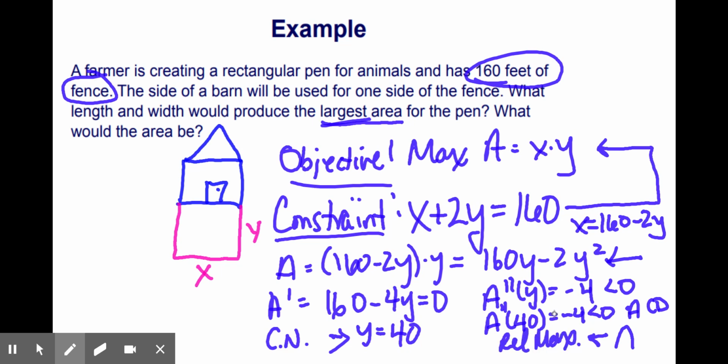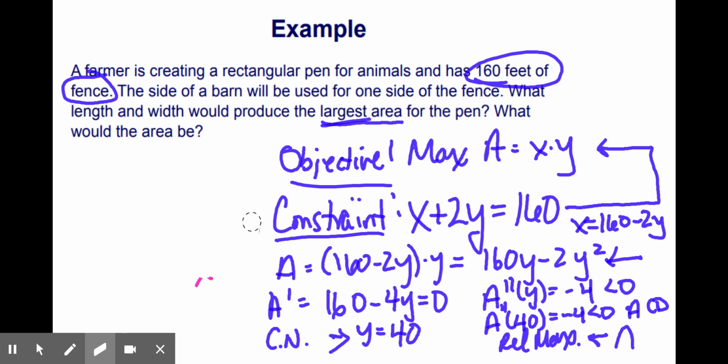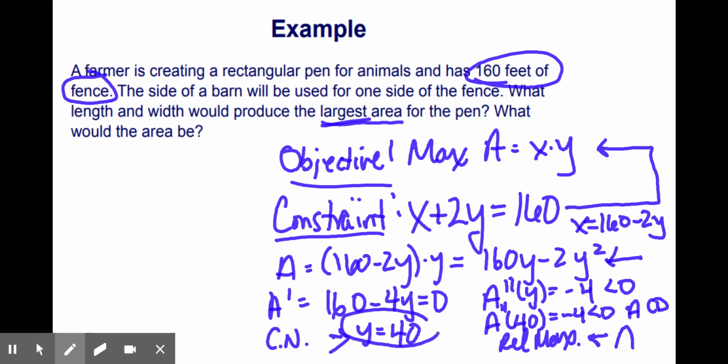Now, it wants the length and the width that will give us the largest area. We can find that. Let me erase my pen here. To find the relative max, we have Y equals 40 is one dimension. To find the other dimension, we have X plus 2Y equals 160.